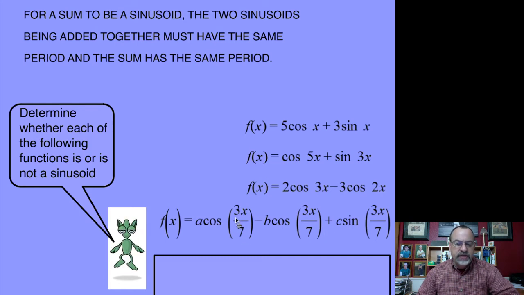Actually, this is a stretch of 7/3. This is a stretch of 7/3. And this is a stretch of 7/3. Because all of these horizontal stretches are the same, the periods of each of these sinusoids is going to be the same. Therefore, the resulting sum and difference of these sinusoids will also be a sinusoid.